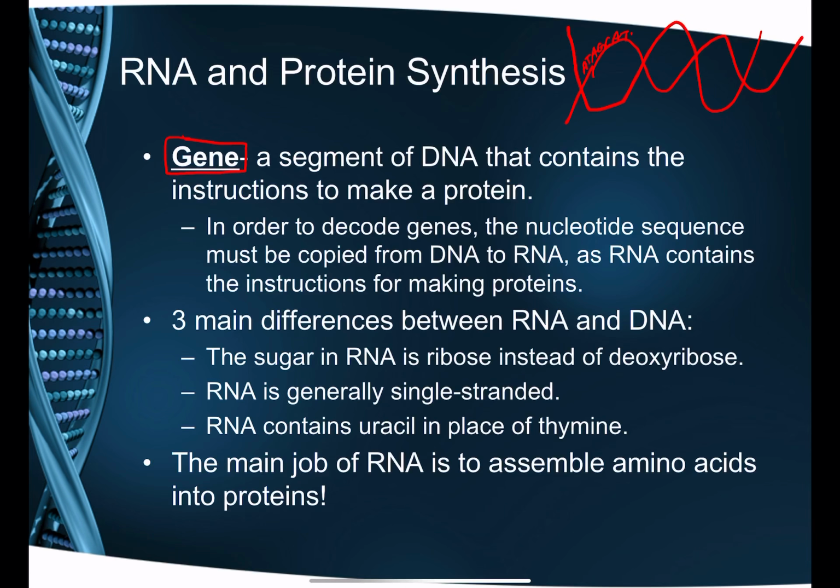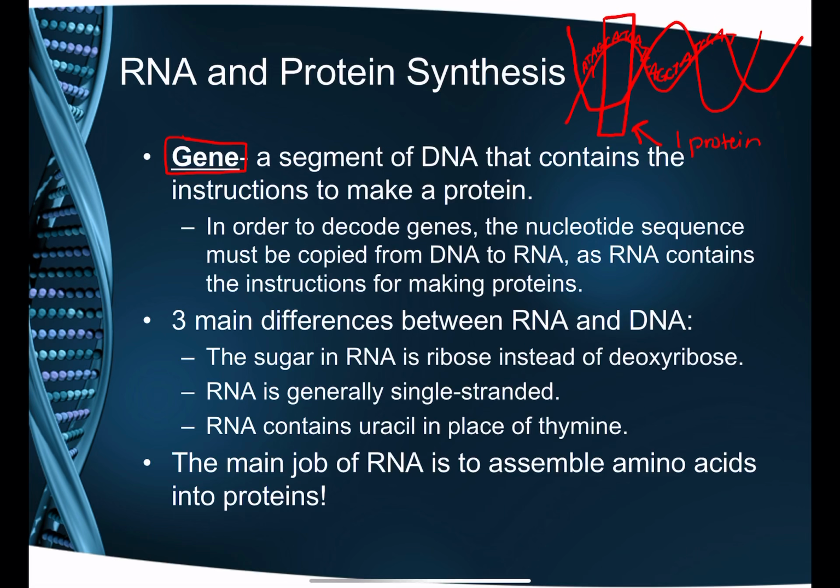T's and A's and G's and C's and so on and so forth. And it's going to code for thousands of different proteins. The whole DNA molecule does. But one spot on the DNA molecule, which codes for one specific protein, is known as a gene. It's a series or a segment of DNA that contains the instructions to make one protein.